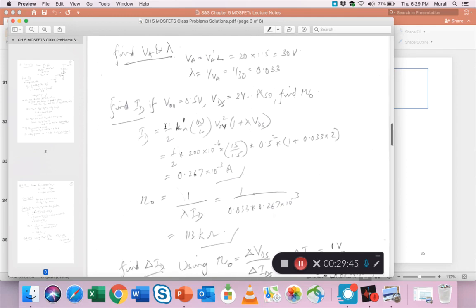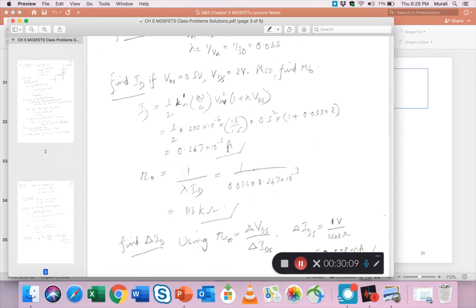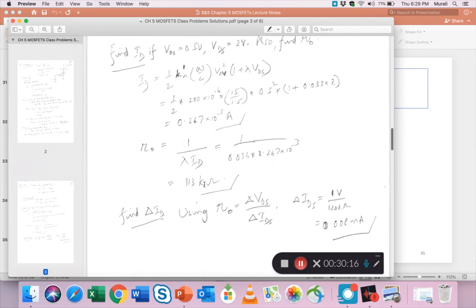Because in this current equation for saturation, to find the drain current when the device is in saturation, we have to bring in this 1 plus lambda VDS to get an accurate value for ID. Otherwise, you are ignoring what's been given. If you bring this in, you come up with 0.267 milliamps. Once you know this, you can find RO as 113 kilo ohms.